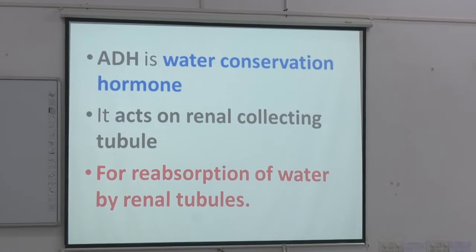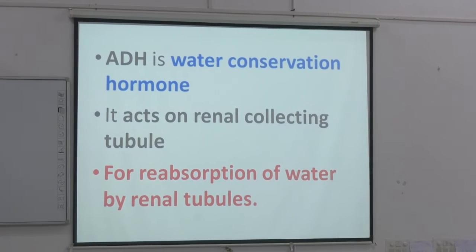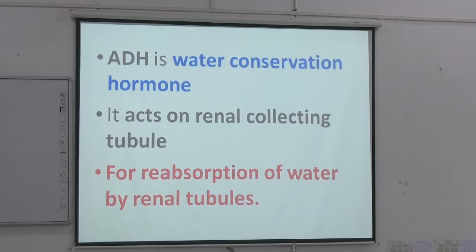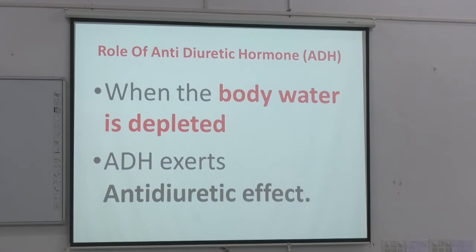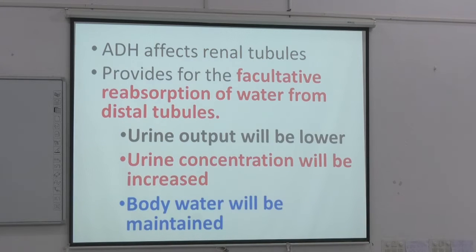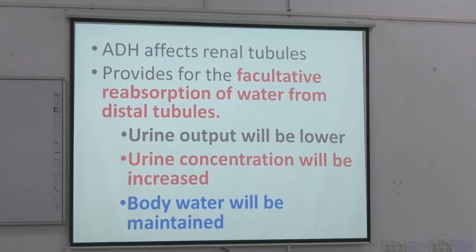So the ADH also mainly performs the function of reabsorption in the kidney. Now the role of antidiuretic hormone: when the body water is depleted, ADH exerts antidiuretic effects. ADH affects renal tubules, urine output will be lower, urine concentration will be increased and body water will be maintained.